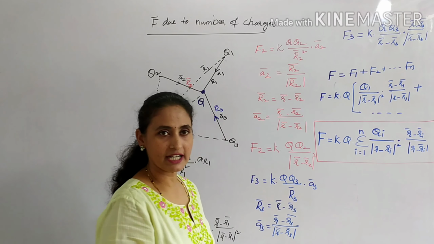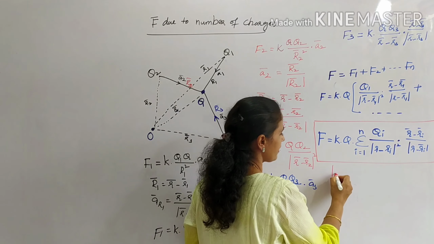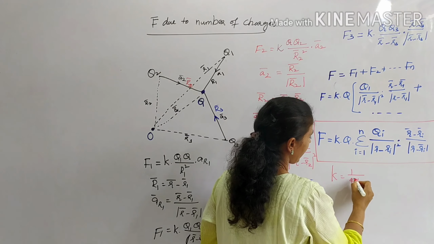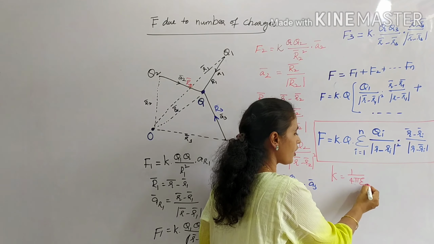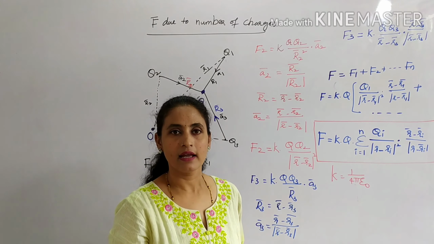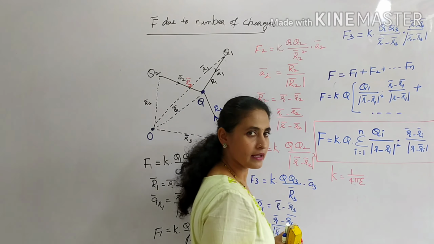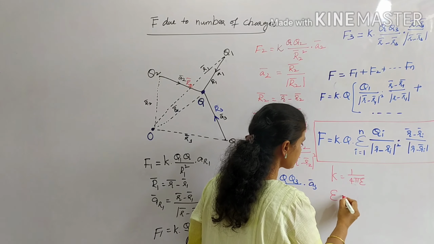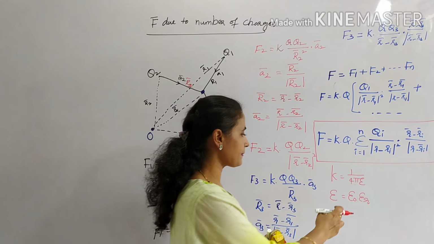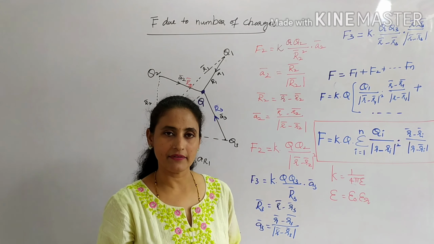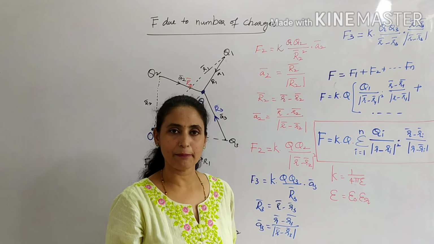You know that K is a proportionality constant and it is given by 1 by 4 pi epsilon naught. The epsilon naught indicates the permittivity of free space. In general, if you write epsilon, this epsilon is defined as epsilon naught into epsilon r, where epsilon naught is the permittivity of free space and epsilon r is the relative permittivity.